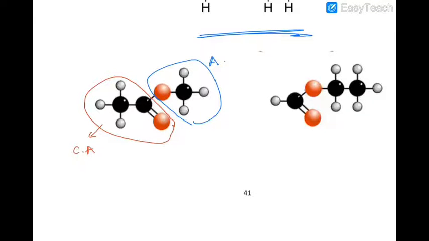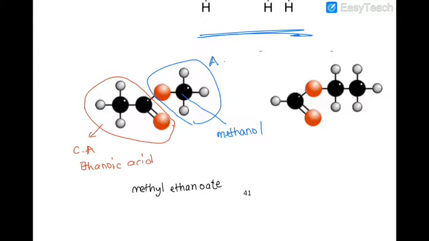So the alcohol has 1 carbon, so this is methanol. And then the carboxylic acid has 2 carbons, so this is ethanoic acid. So the name of the ester is going to be methyl ethanoate. So you start with the alcohol first, so methyl, and then ethanoate.